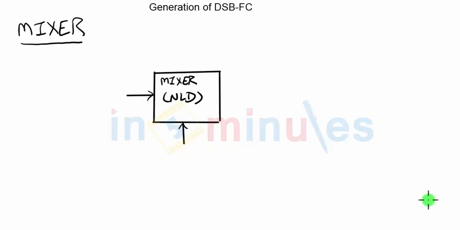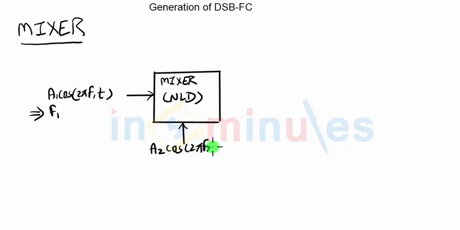As of now, let us keep things simple and say that the first input to the mixer is signal A1 cos 2 pi f1t. In other words, the frequency of the first signal is f1, and let's say the second input to the mixer is A2 cos 2 pi f2t, which means that the frequency of the second signal is f2.